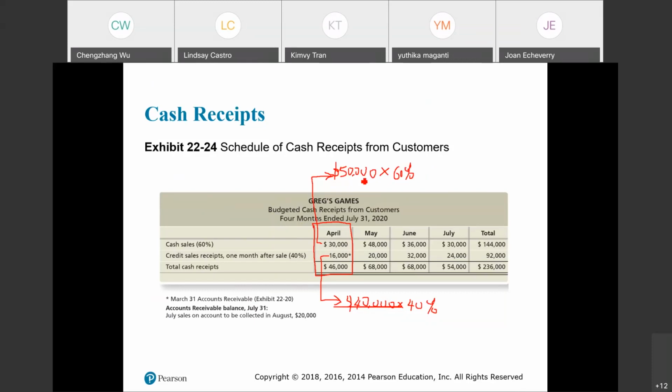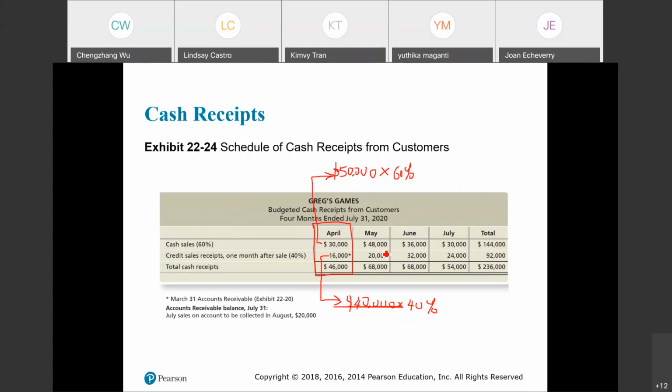And similarly, for May, cash sales, that is 60% of the budgeted sales in May, plus credit sales from the previous month, that is $50,000 times 40% equals $20,000.